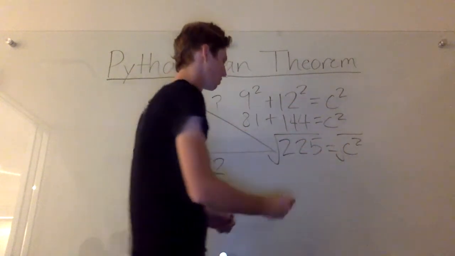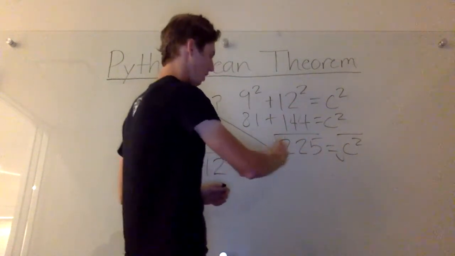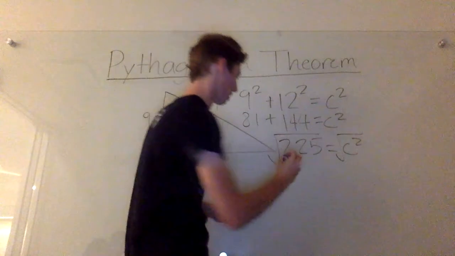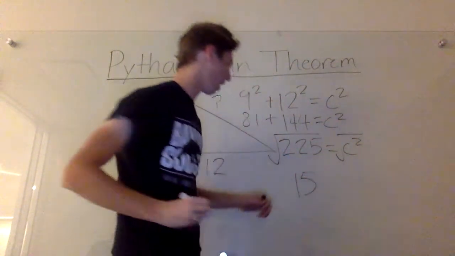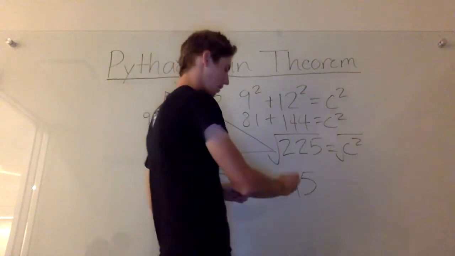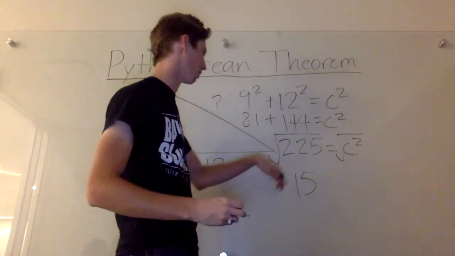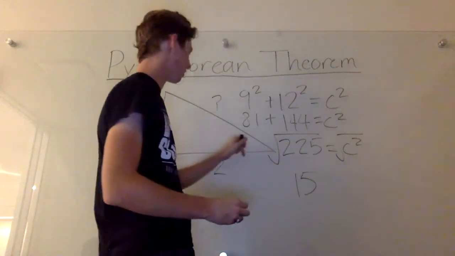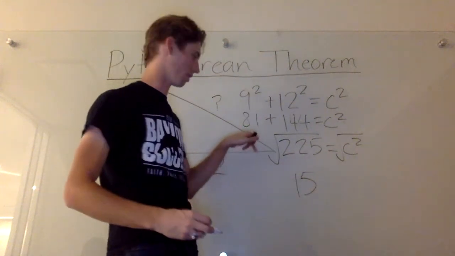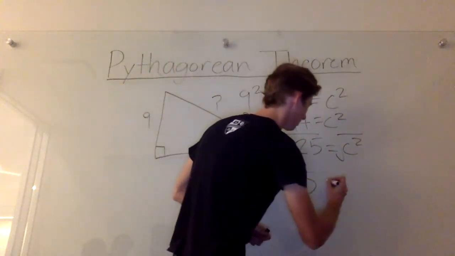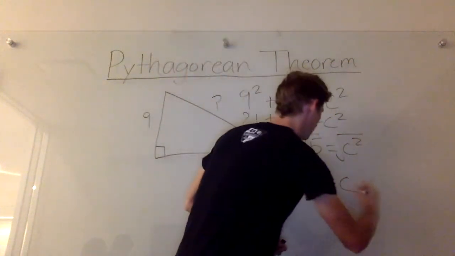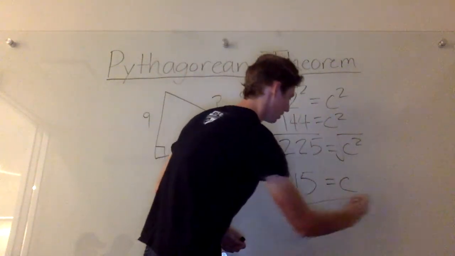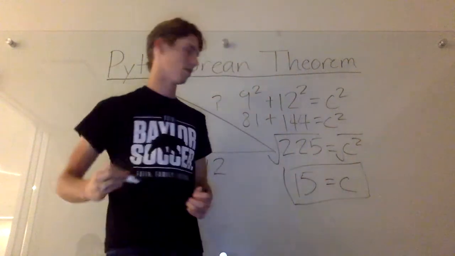So, on the left side, we've got the square root of 225, which if you type in, that's going to be 15. Now, I know we talked about this being plus or minus 15. However, we're talking about a length of a triangle. We can't have negative length. So it's just going to be positive 15, equals the square root undoes the square to give us c. So that is our missing side length.